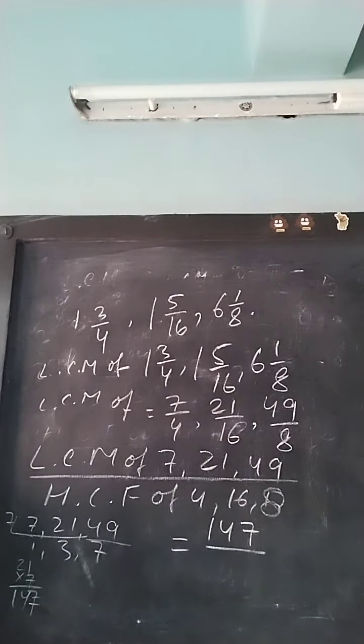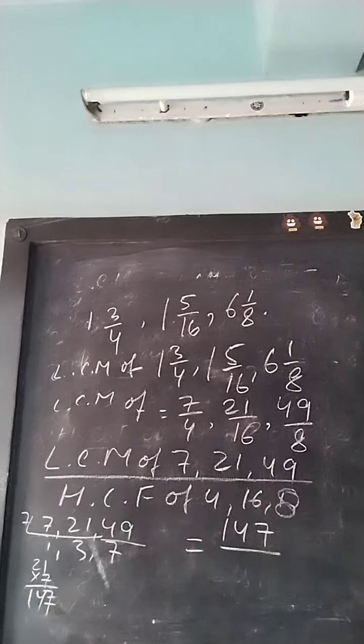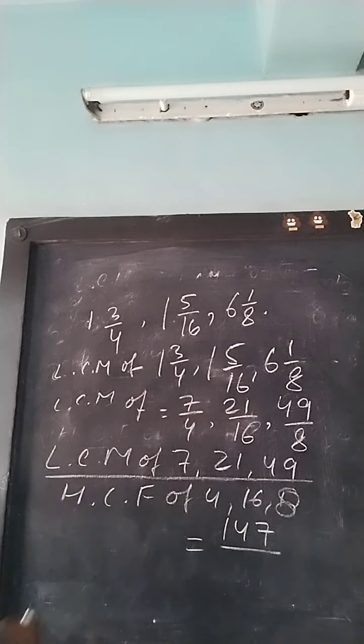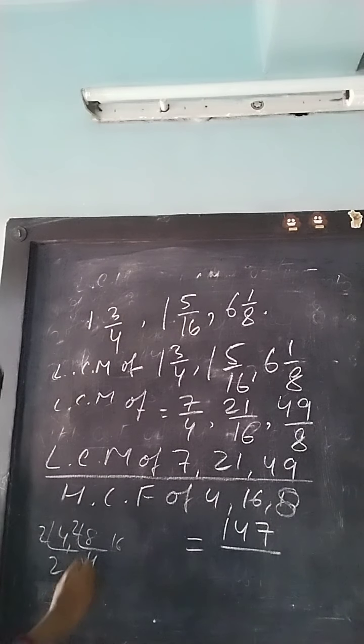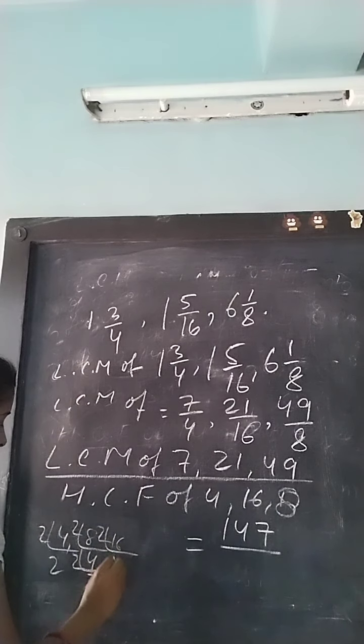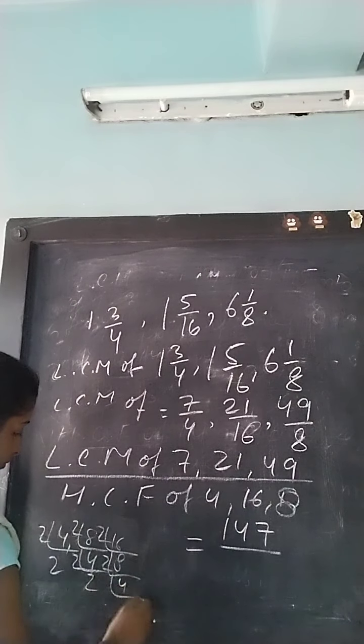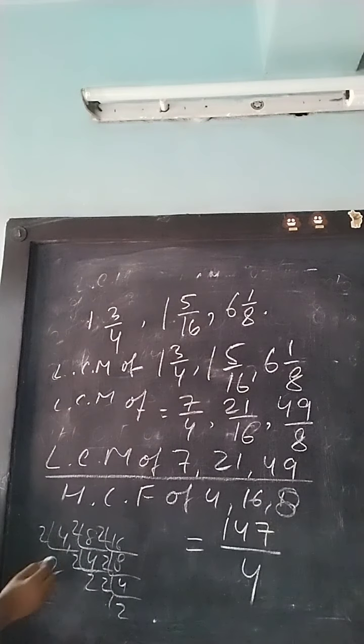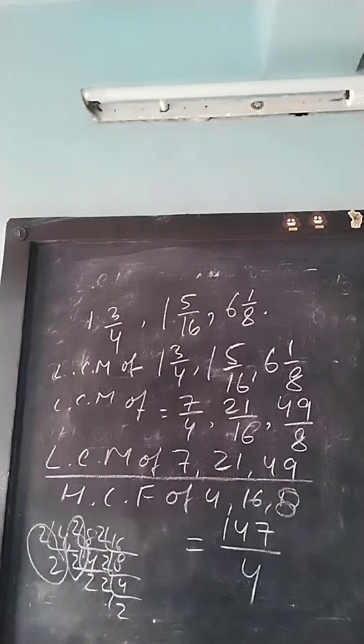And for 4, 8 and 16, we are getting 4 as the common factor. So 4 will be the HCF. 147 by 4 will be the answer.